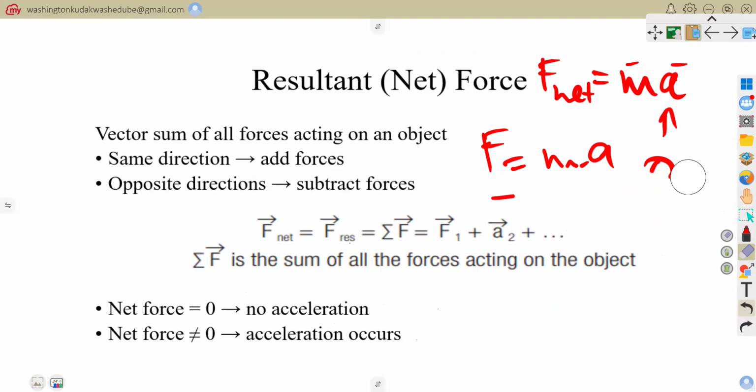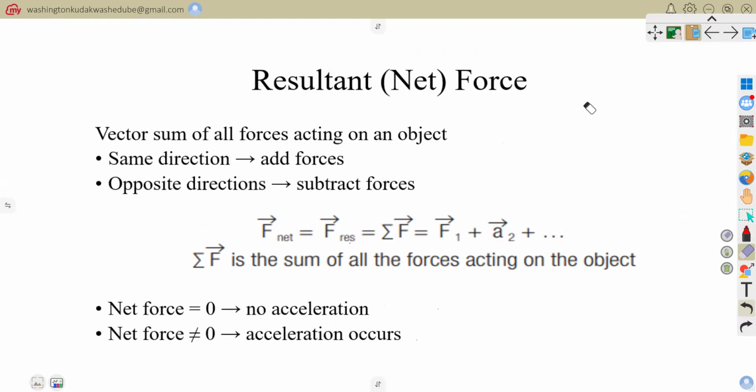So after we have said that, we have defined the common types of forces that we are going to be looking into. We now want to start looking into Newton's laws of motion, because the definitions that we have given now and the Newton's laws of motion that we are going to look into are going to help us in attempting to solve and determine different types of what?